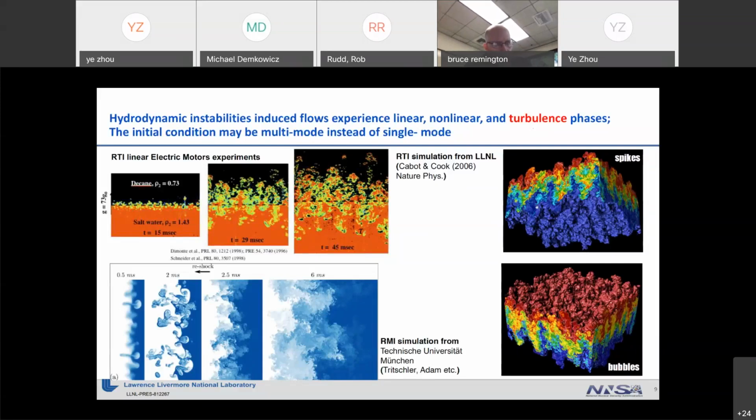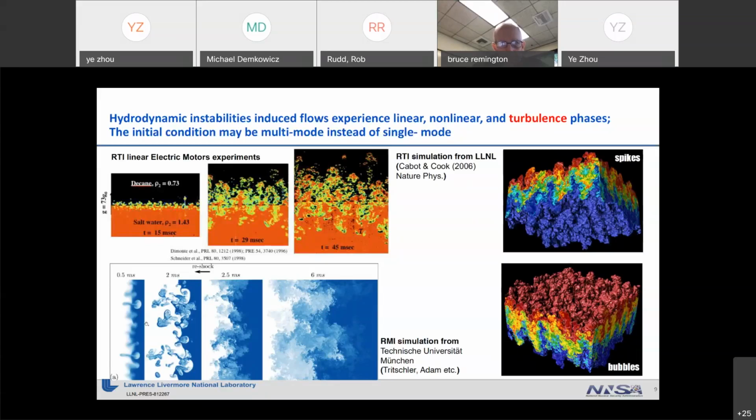And on the right-hand side, you can see a Rayleigh-Taylor simulation carried out at Livermore. If you separate the spike side and the bubble side, you can see the flow is highly turbulent, with a lot of mixing, with large structures and small structures. Very beautiful.